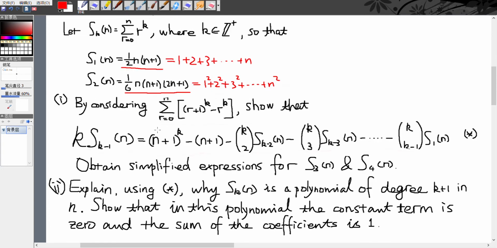So the first question is asking us to consider this expression right here and show this star expression is correct.